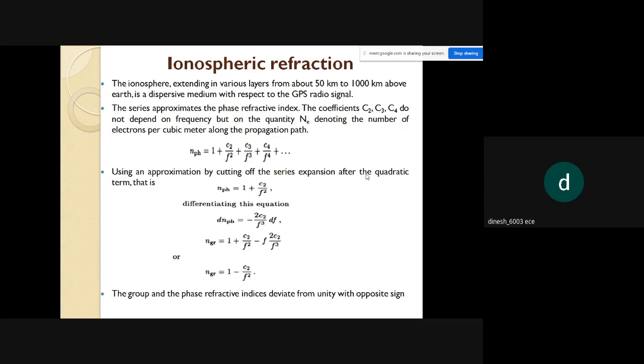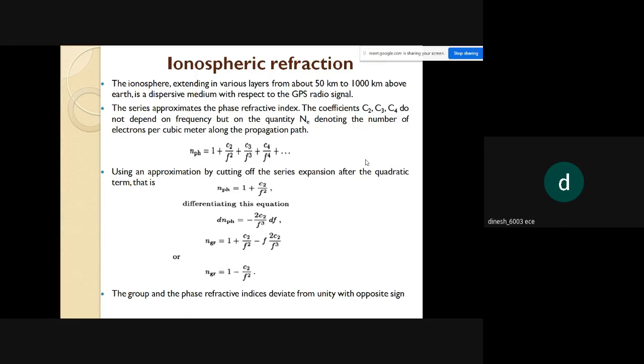Next is the ionospheric refraction. When a signal is being sent from a satellite to the Earth station or to the receiver, the signals get scattered or refracted due to the various layers present about 50 kilometers to 1000 kilometers above the Earth's surface, which results in a dispersive medium. A dispersion occurs with respect to the global positioning radio spectrum signal.